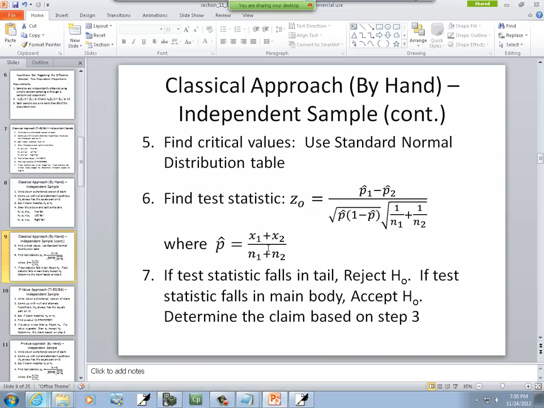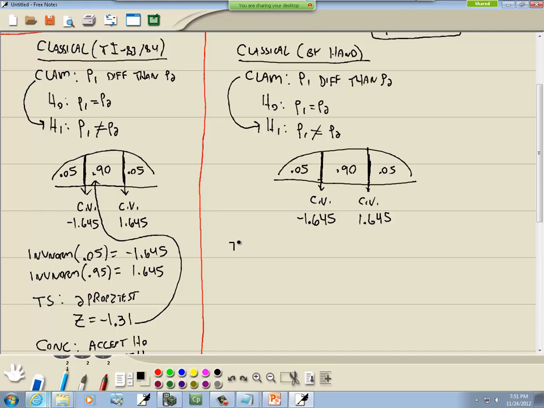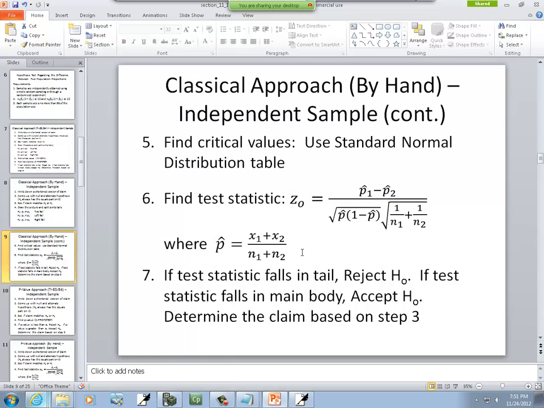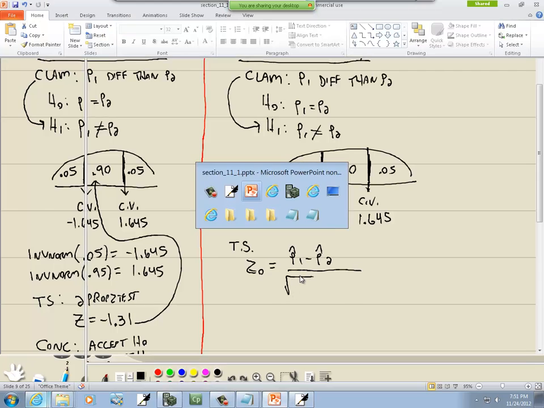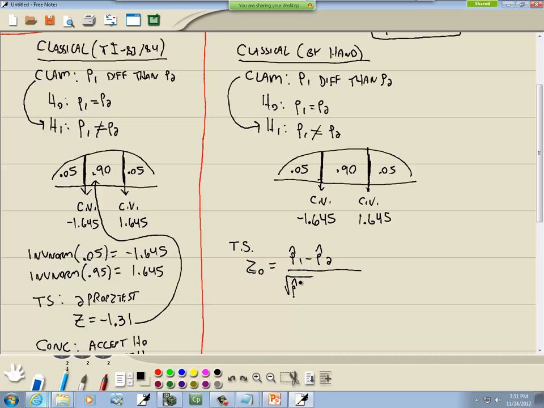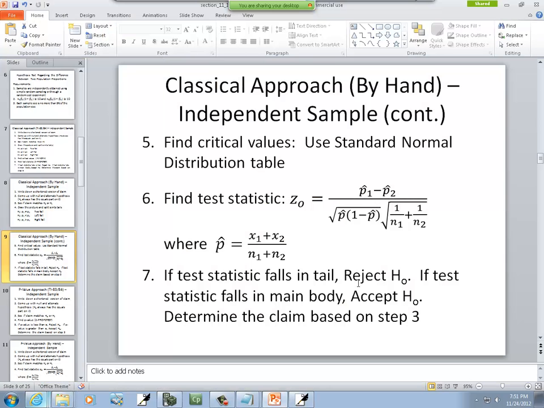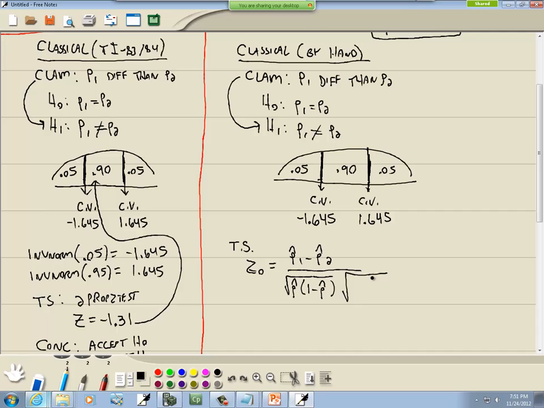Now our test statistic. We have to use this formula. So we've got Z naught equals p hat sub 1 minus p hat sub 2 over square root of p hat times 1 minus p hat, then the square root of 1 over n1 plus 1 over n2.